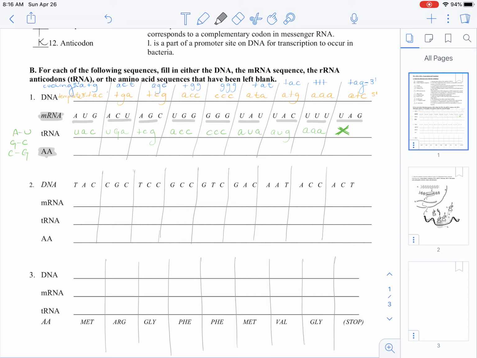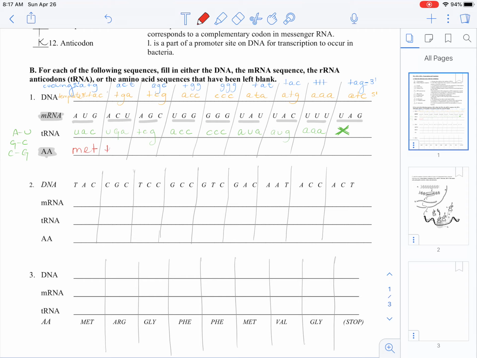So in order to determine that, you need to have a genetic code table. And in the genetic code table, you will see the different codons and their corresponding amino acids. So AUG, and I'm going to give the 3-letter code for the amino acids, AUG is methionine.